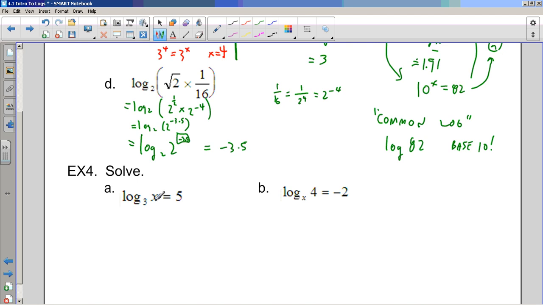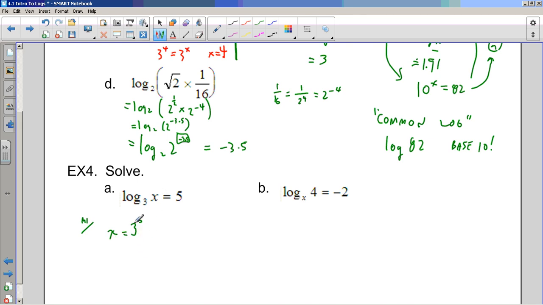All right, how am I going to do this? Well, one thing I could think of is just change the form. I could change this to exponential form and have a look at it. So here's method 1, change this to exponential form. Well, the base is 3, and the exponent is 5, because a logarithm is just an exponent, and x is the answer.